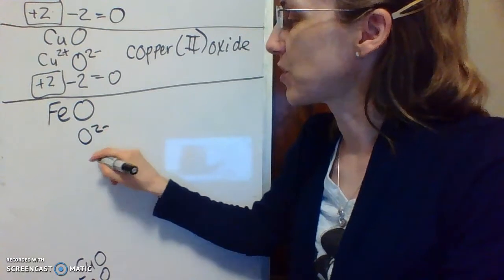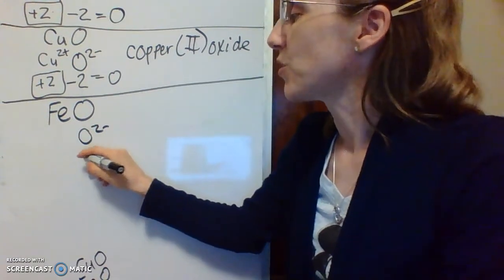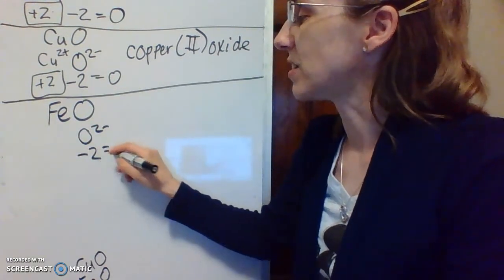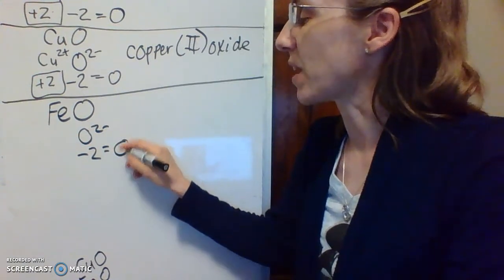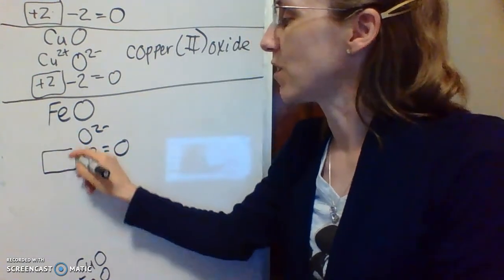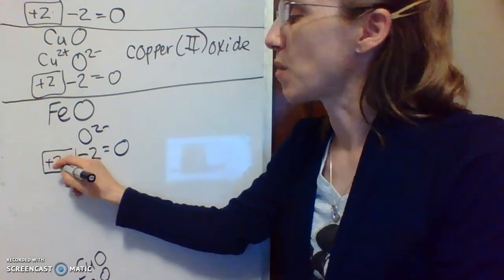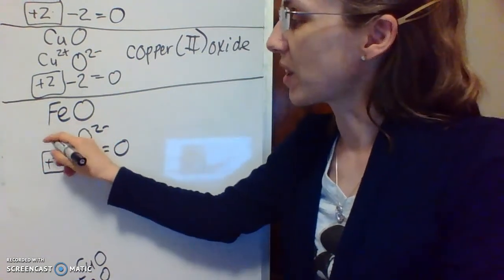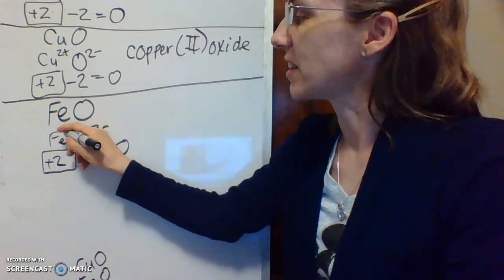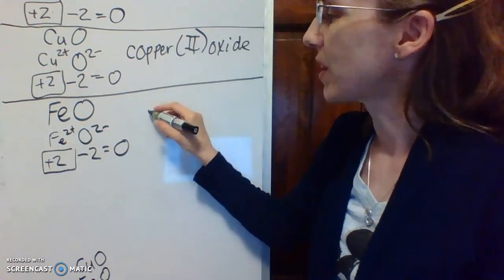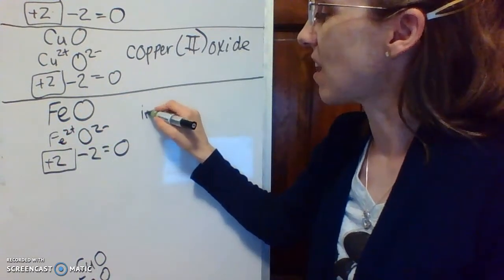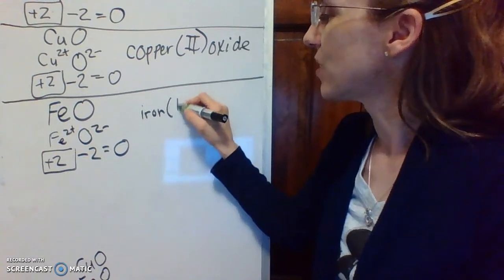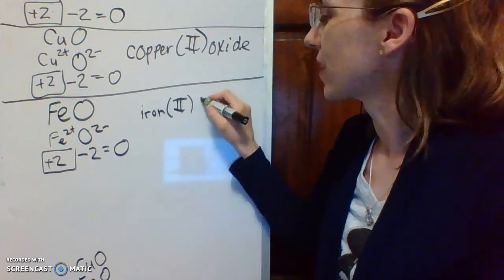Oxygen is always -2. There's only one of them, so we've got -2 is the total number of negatives in this compound. They have to add up to 0, so what's in the box? A +2. There's only one iron here, so the iron gets the entire +2. So we label this iron 2 oxide.